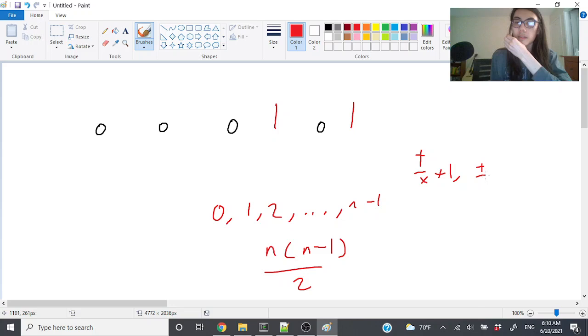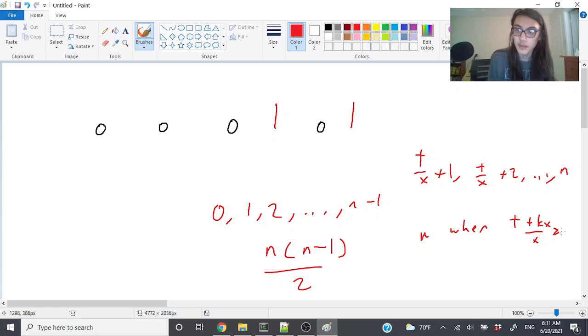So initially it'll be t over x plus 1, then t over x plus 2, then it goes up until n, right? So when is it n? It's n when you have t over x plus k, or rather t plus kx over x is greater than or equal to n.